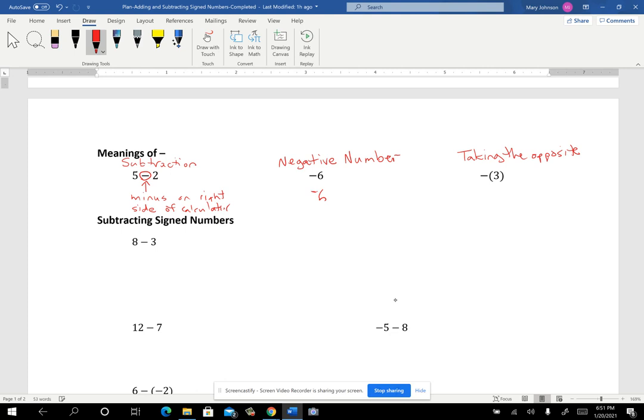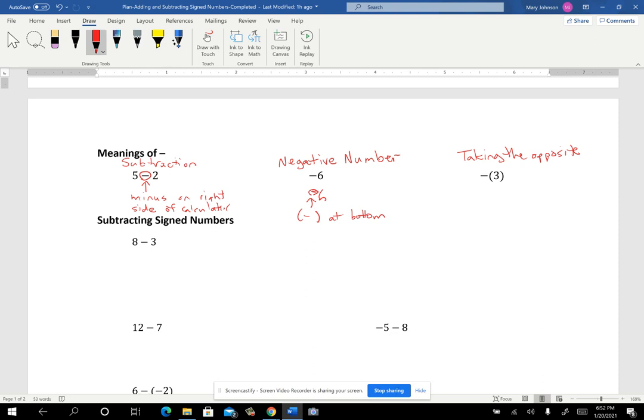But if I want to type in a -6, I need to use the negative sign at the bottom. It looks like this. So it has kind of a different meaning. It's not subtracting. It's doing the opposite in a way.